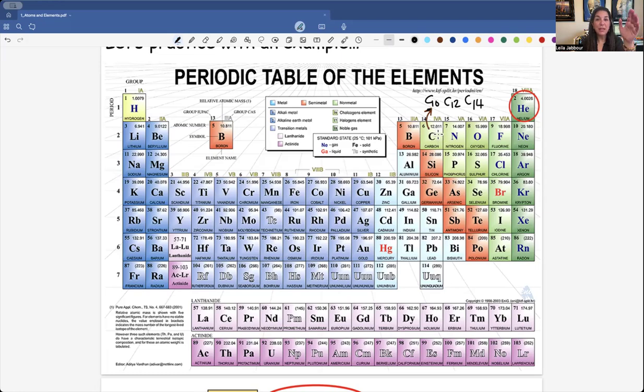That's why we see a decimal number and not a round number. We don't see 12, we see 12.011. Or for nitrogen, we don't see 14, we see 14.007. It just happens to be the average of all of these different types of atoms within that element.